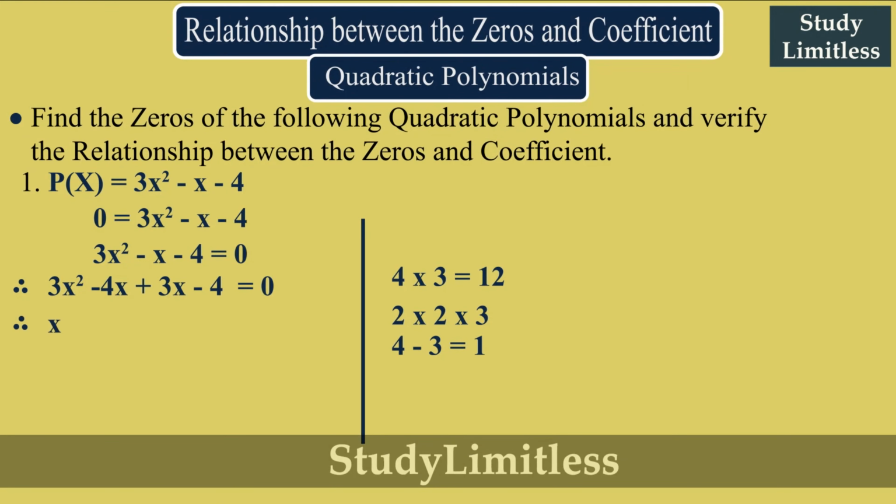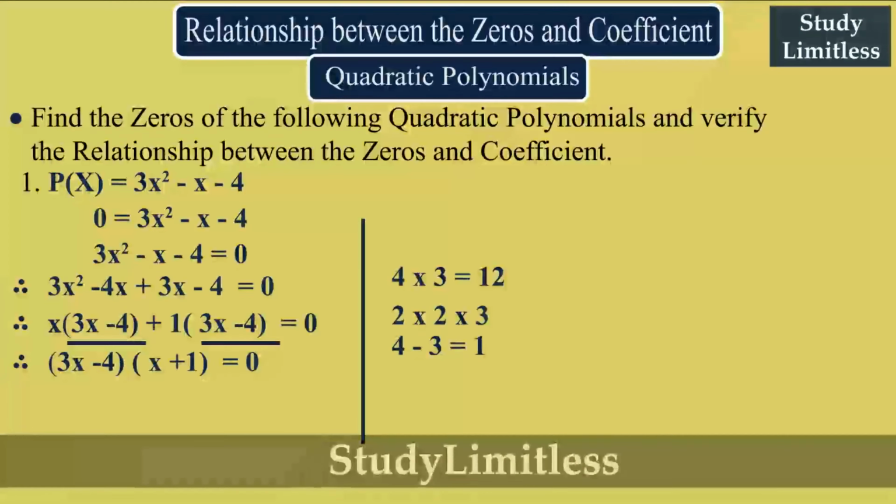We get x common in the first pair. Therefore, x(3x - 4) + 1(3x - 4) = 0. Now 3x - 4 is common on both sides, so the factors are (3x - 4)(x + 1) = 0.